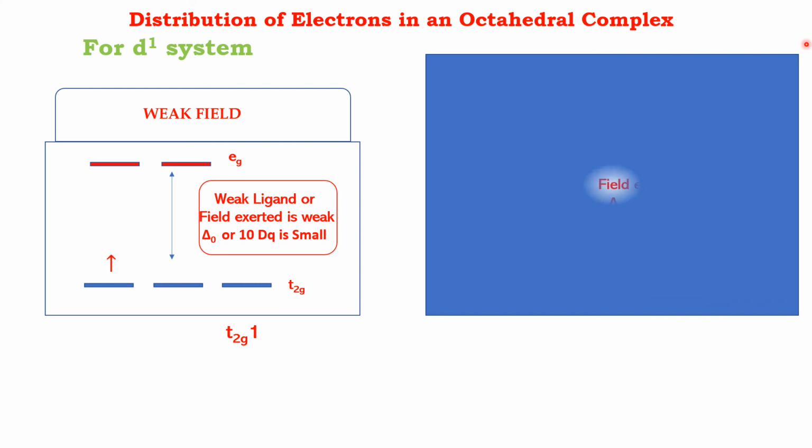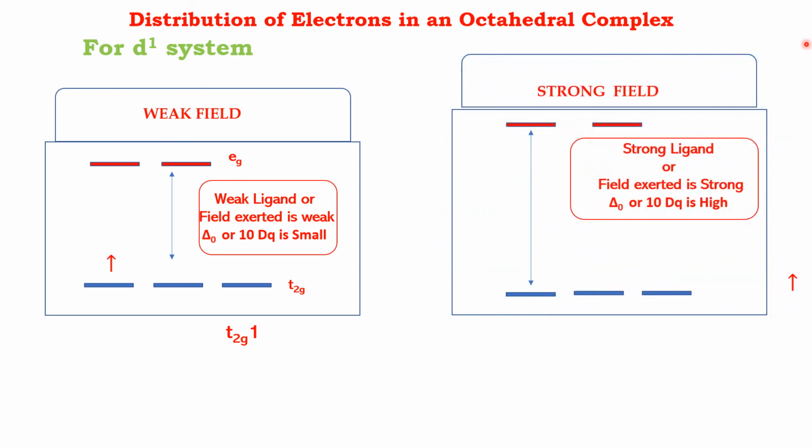Now see here, if I consider a strong field, what will happen? The energy gap will increase. This is the t2g level and this is the eg level. So the energy gap is increasing, and here also the electron will enter the t2g orbital because the t2g orbital has minimum energy.